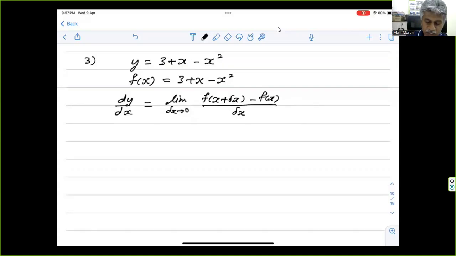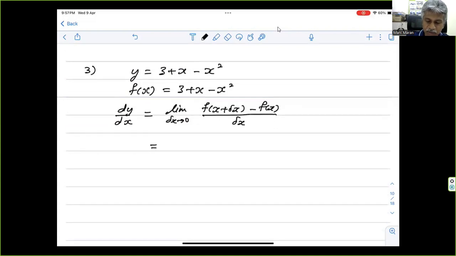Okay, so from here we just substitute everything there. So the limit of f of x inside there. In place of x, replace with x plus delta x. So this will be equal to limit delta x approaches 0. Put inside there, you'll get 3 plus x plus delta x minus x plus delta x squared.